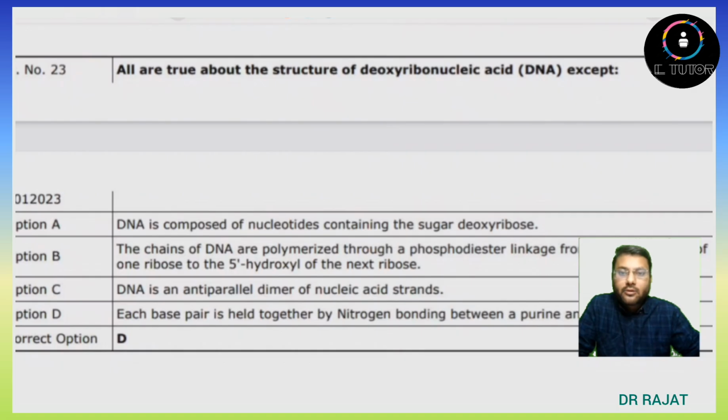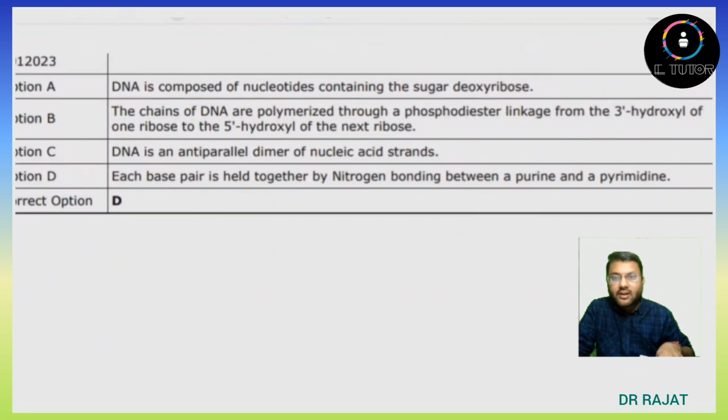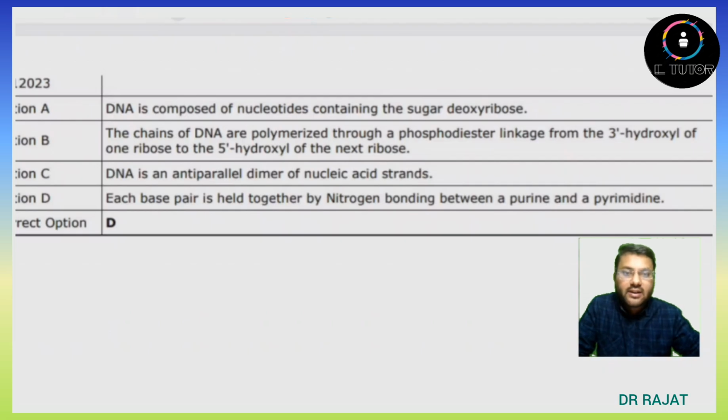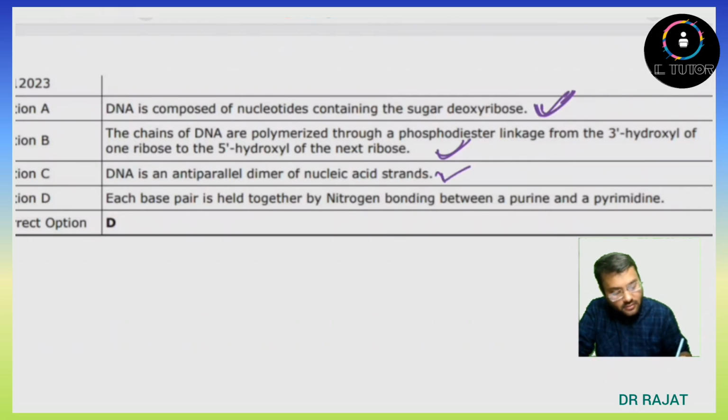All are true about structure of DNA except. So options are DNA is composed of nucleotides containing the sugar deoxyribose. This is true. A chain of DNA are polymerized through the phosphodiester linkage from 3-hydroxyl of one ribose to 5-hydroxyl of next ribose. This is again true. Phosphodiester linkages are present. DNA is anti-parallel dimer of nucleic acid strands. This is again a true option.